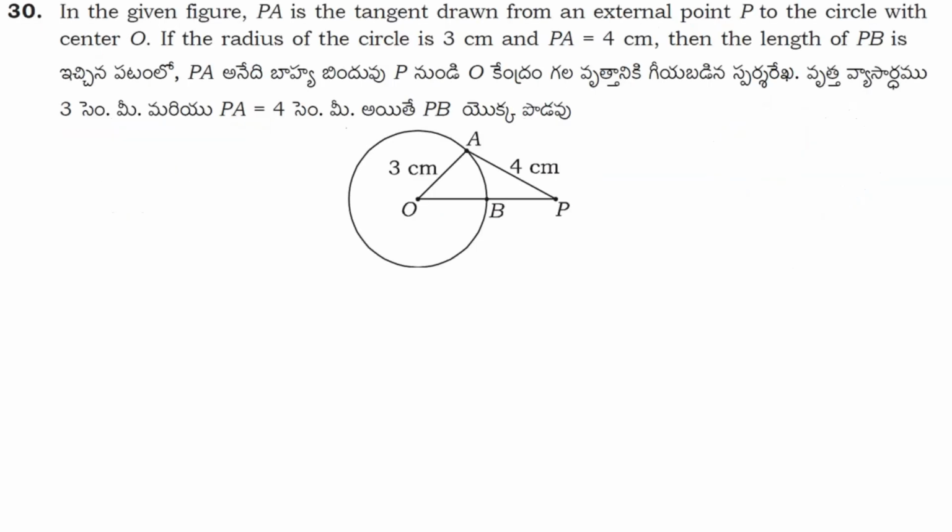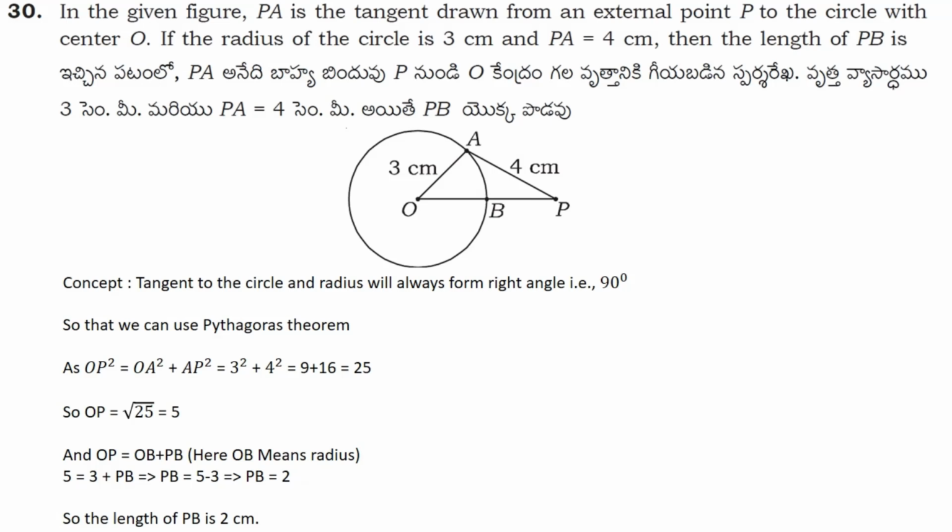In given figure, PA is the tangent drawn from an external point P to the circle with center O. If the radius of the circle is 3 centimeters and PA equal to 4 centimeters, then the length of PB is. The concept is that the tangent to the circle and the radius of that circle will always form a right angle, right? So 90 degrees. Whenever you are getting 90 degrees in a triangle, you can easily apply Pythagoras theorem.